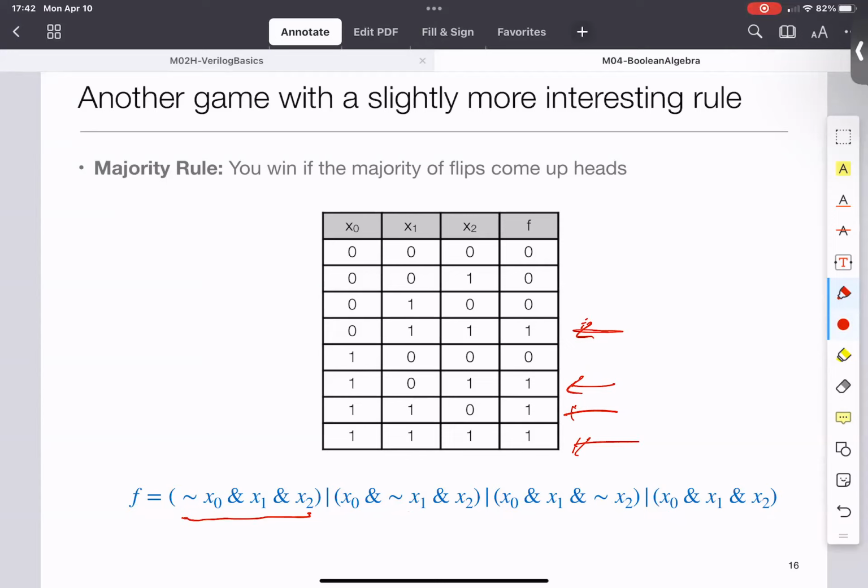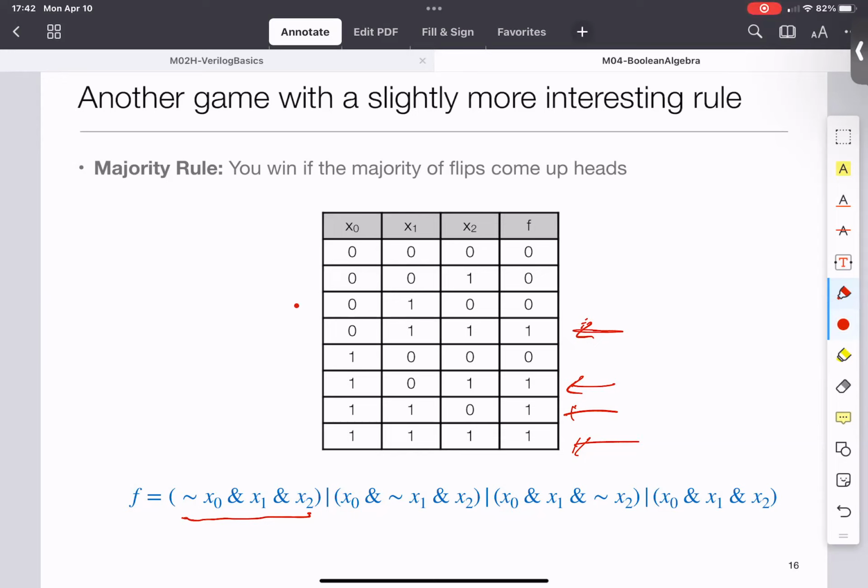I just list, so I literally write the expression of the row. I am in a particular row if x0, x1, x2 have a particular pattern. For example, I'm in row 0 if not x0 and not x1 and not x2 is true, I mean, all 3 have to be 0.